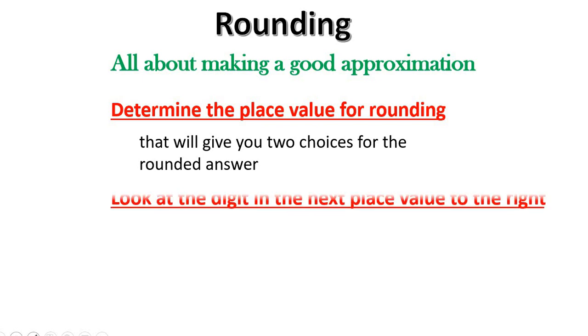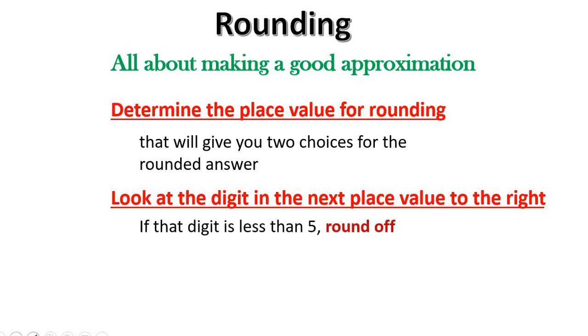After you decide that place value location, you're going to look at the digit that's just to the right of whatever place value we're talking about. And then there are 2 choices for that digit. It's less than 5, which means you're going to round off. I don't like to say round down because we're not going to change the digits at all as we're rounding off. Or it's 5 or bigger, which means we're going to round up in that spot.